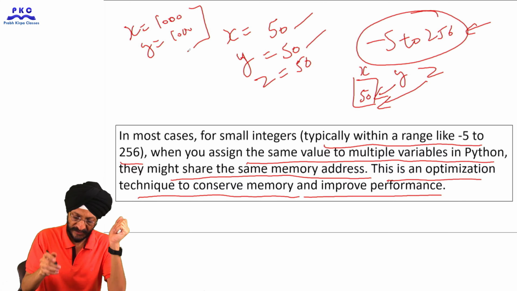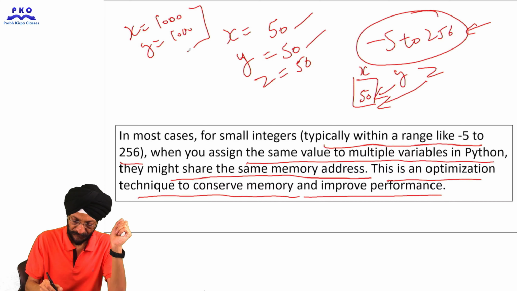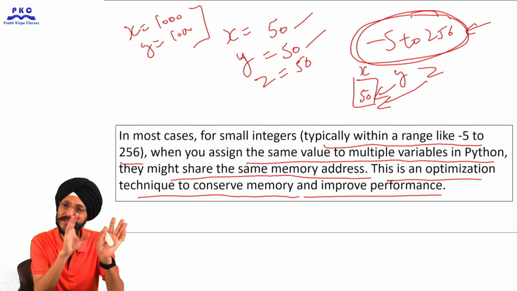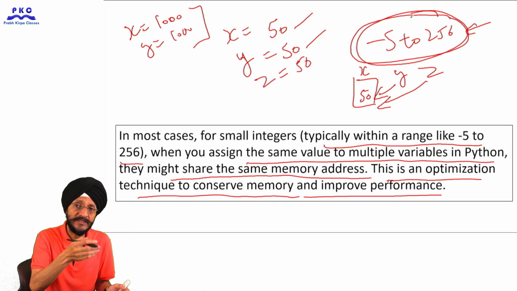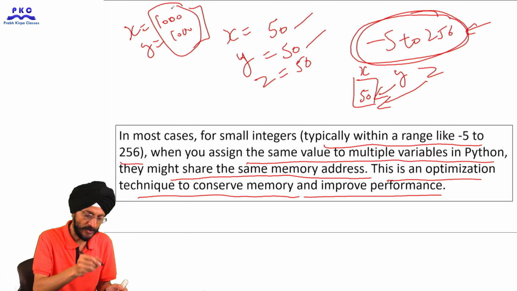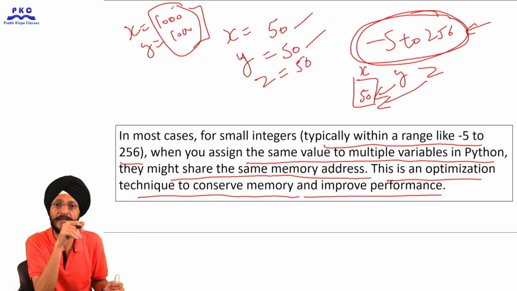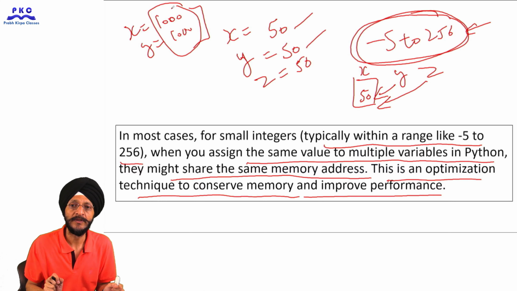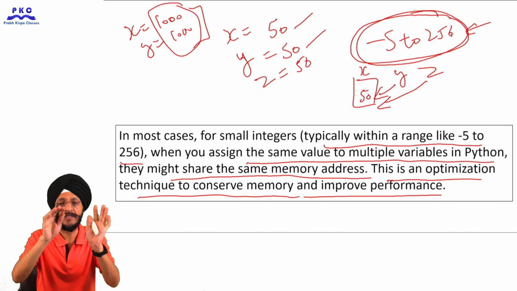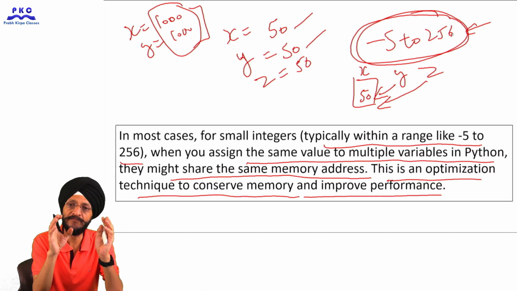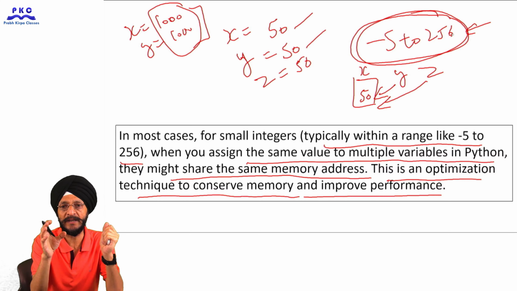I am only saying that in most of the cases, when we take the value as -5 to 256, the memory location is the same. However, as I told yesterday, the memory location of both these values was also the same. Both these objects were the same. So it is not guaranteed. Even in case of -5 to 256, many times the data may be stored at a different place.